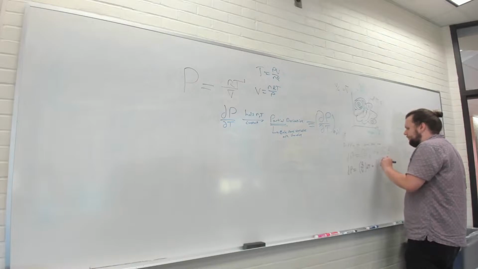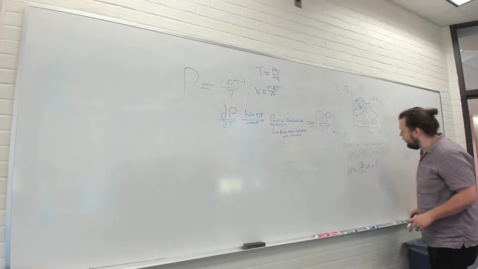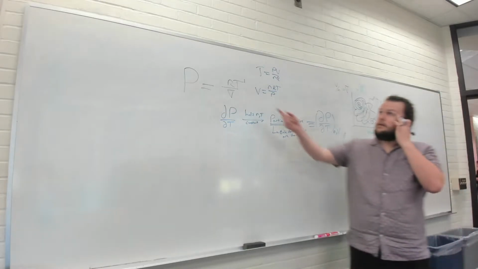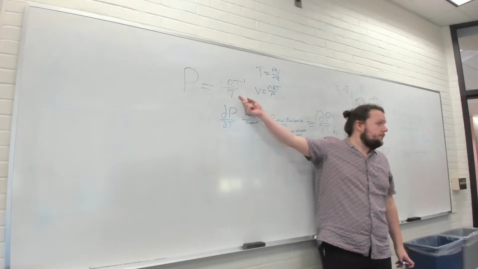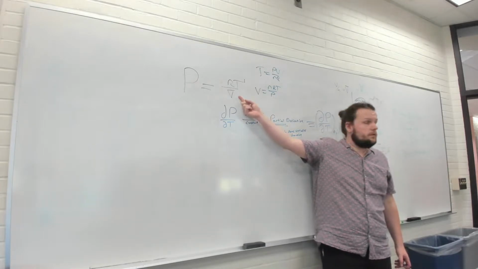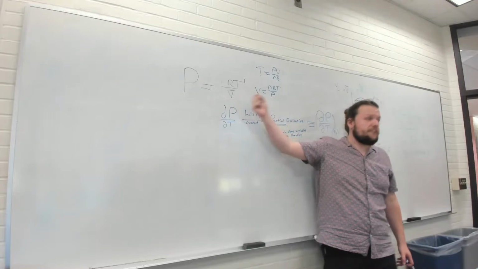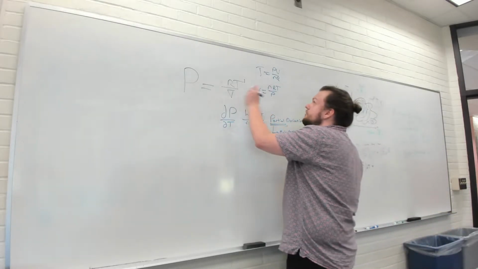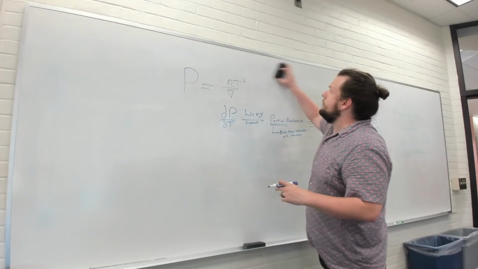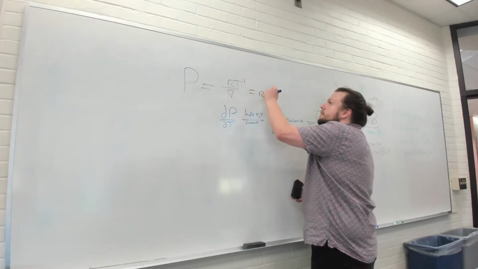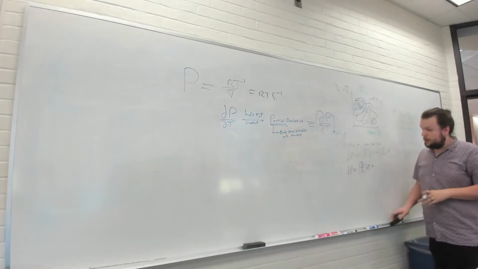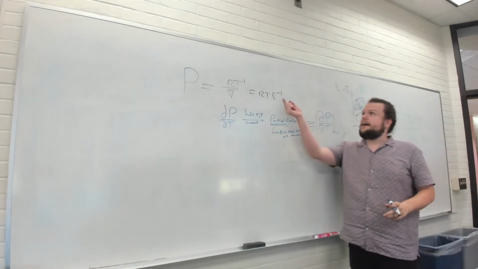Now let's do it with respect to volume. What's the derivative of this with respect to volume? Exactly. Just as a reminder, we can rewrite this as RT V bar to the minus 1. It's a polynomial with a minus 1 power.